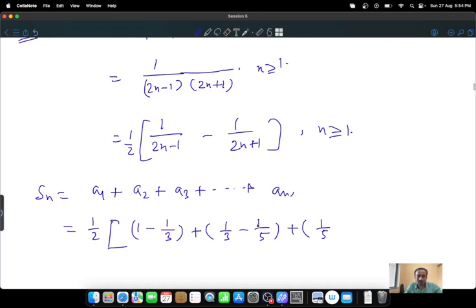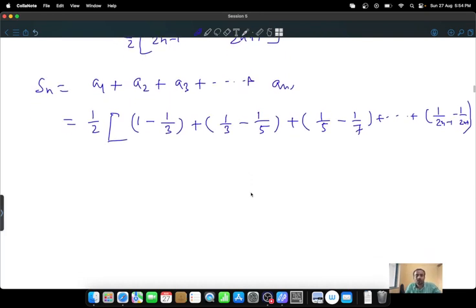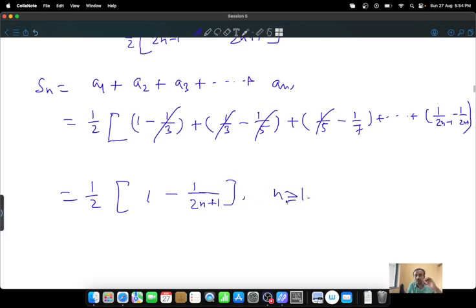The first term is 5, which is the n equals 2 case for 2n plus 1, and keep on like this, finally at the nth step you get 1 by 2n plus 1. All the terms cancel out in that way, and what remains is 1 minus 1 by 2n plus 1, with n greater than or equal to 1.